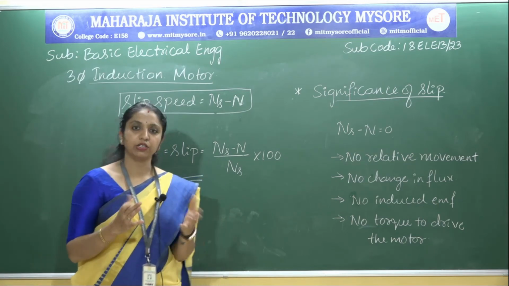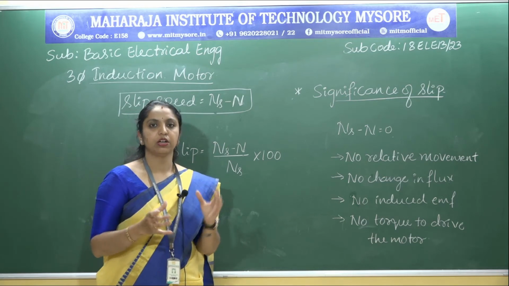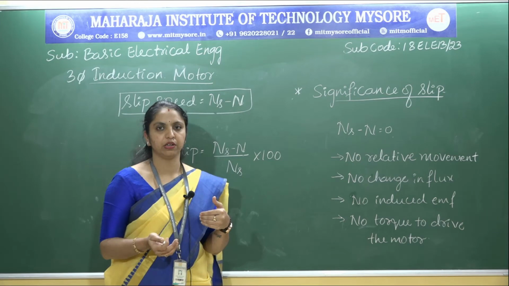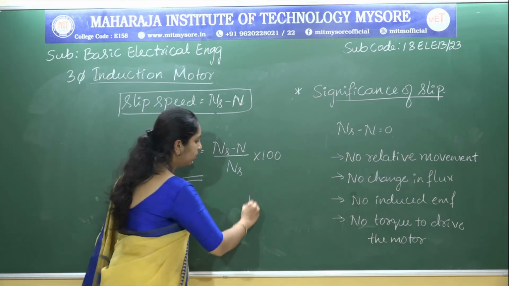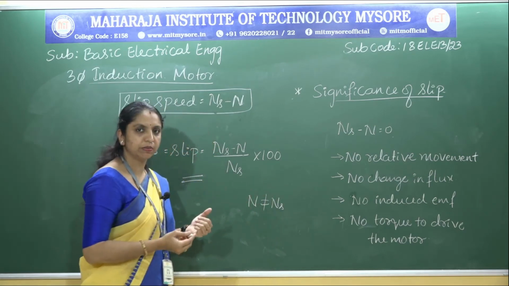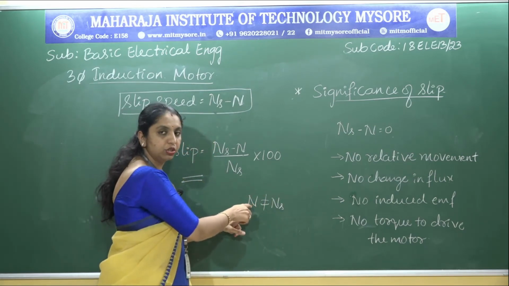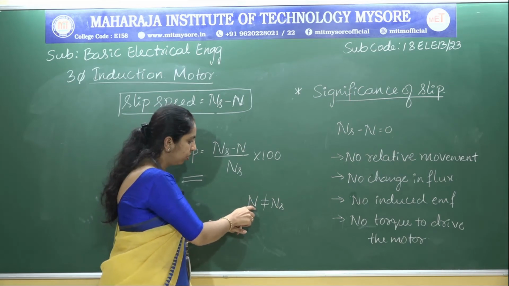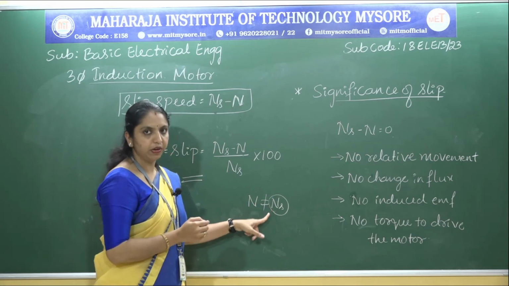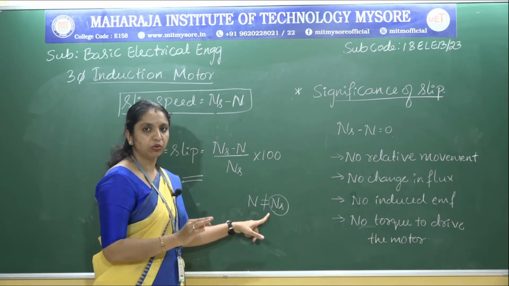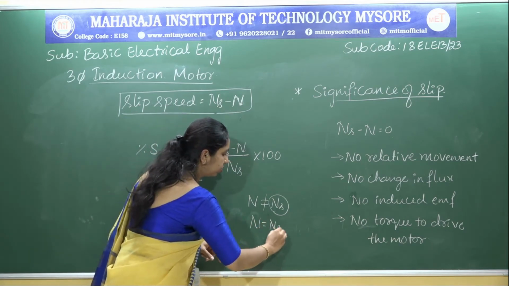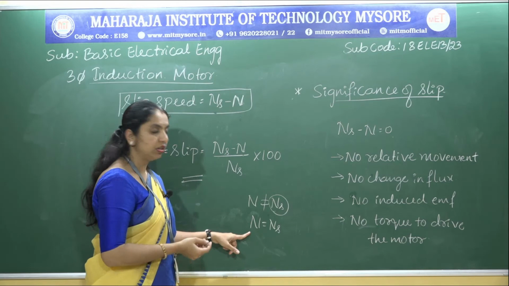I will just repeat: in actual practice the rotor should not run at the speed of the rotating magnetic field. That means n should not be equal to ns. But if it does, that is, when n is equal to ns, then what happens?